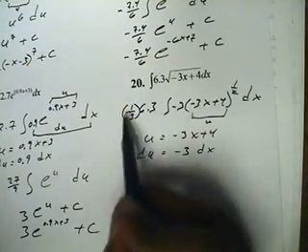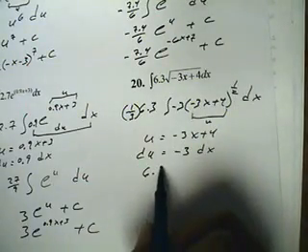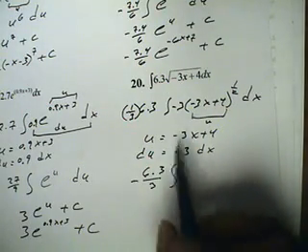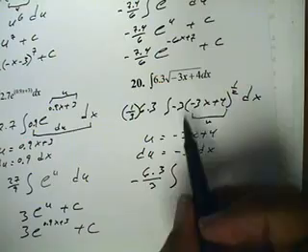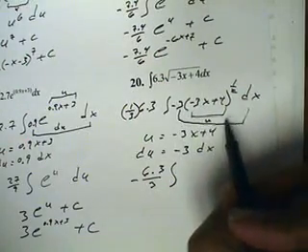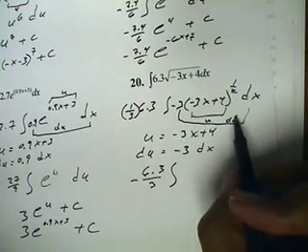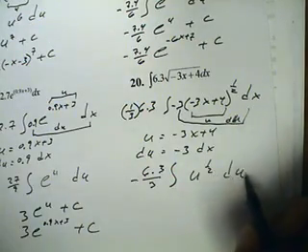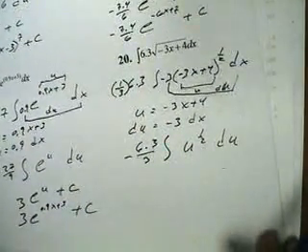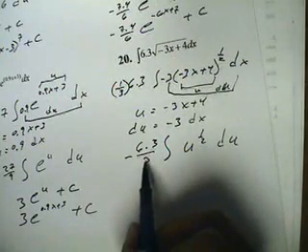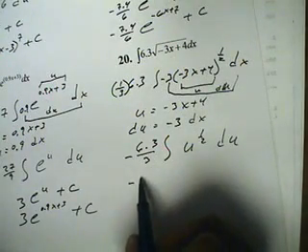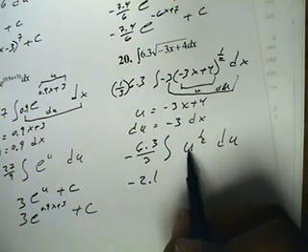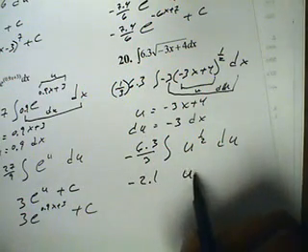Alright, so these two become 6.3 all over 3 with a negative, and this is du, this becomes u to the 1/2 power du. Okay, 3 goes into 6 2 times and 0.3 1 time. Okay, the antiderivative of u to the 1/2 will be u.